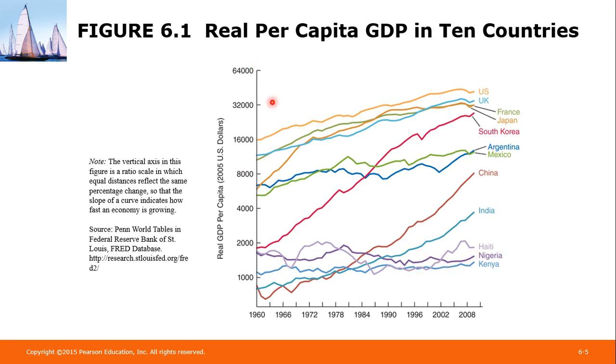You can see for countries like the US, UK, France, and Japan, it has been a climb up. In fact, the country with the steepest growth is South Korea. They were at $2,000 per capita, and as of 2008 they are at about $30,000 per capita.